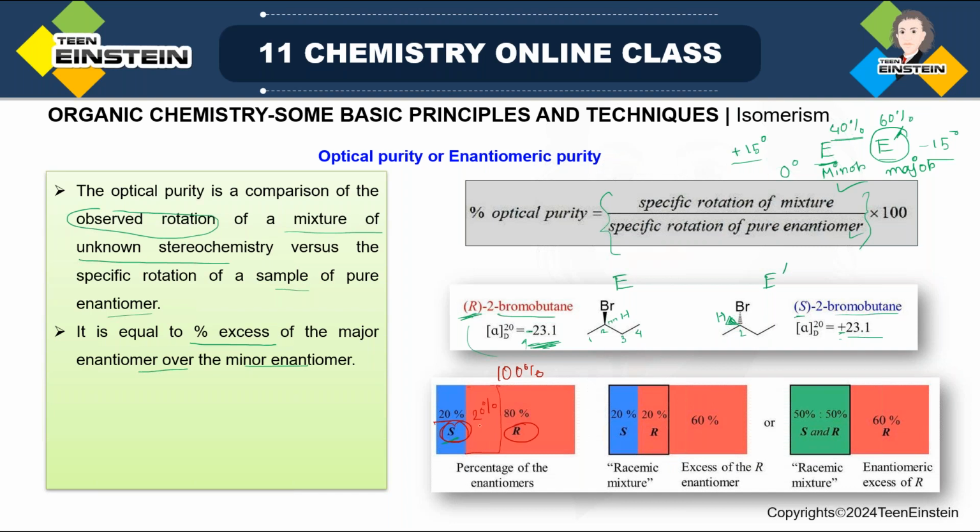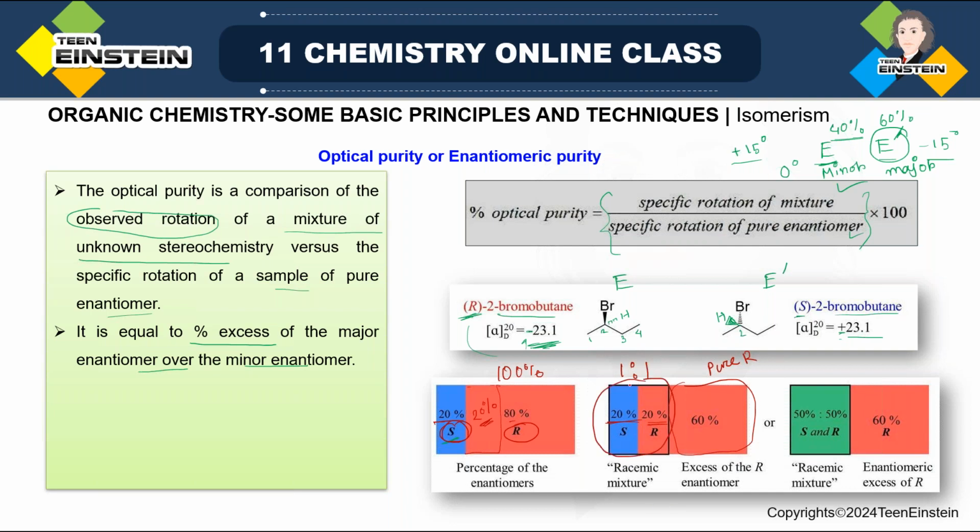So if it is so, then 80 minus 20, only 60% of R will be remaining as pure R, isn't it? Because initially it is 80% R, but out of 80%, 20% is already compensated or nullified by the 20% S. So 20% S can only nullify 20% of R, not more, not less. So what is the ultimate result we are getting? This 20%, 20%, now their ratio is 1:1.